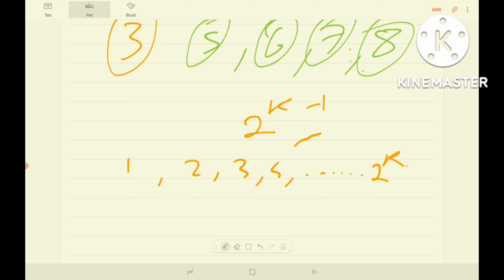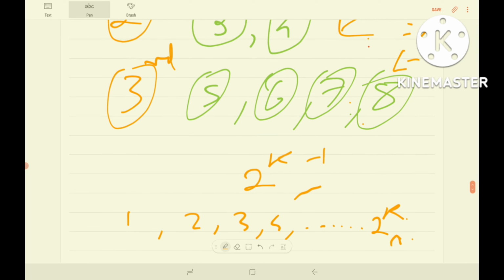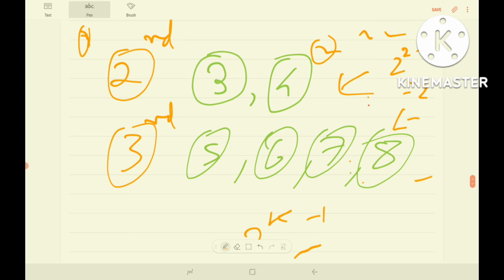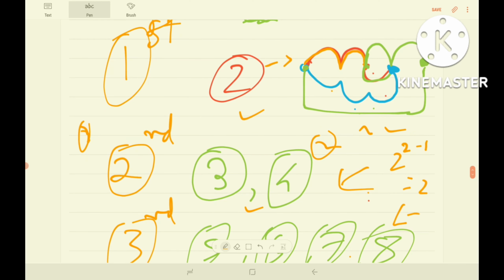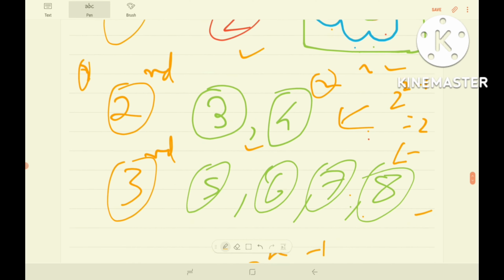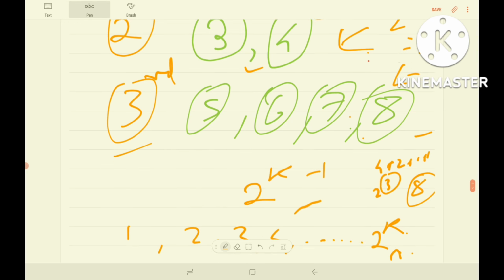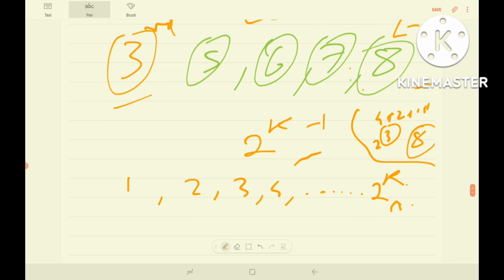You can actually see why I wrote k here, because if you sum all the possible new steps that you get, for example here 4, here 2, here 1, here 1, you will get 4 plus 2 plus 1 plus 1, which is basically 8. 8 is basically 2 to the power 3. 3 comes from here basically. You can check how that works out, like a GP sum, if you know.